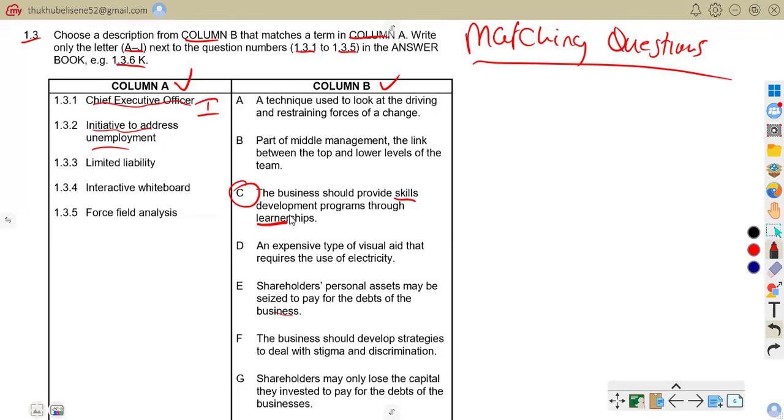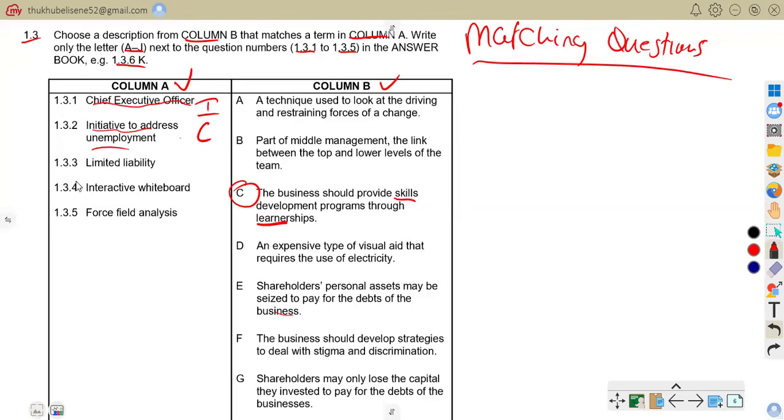That is how we are going to address unemployment initiatives. C is the correct answer because addressing unemployment initiatives is where we use skills training programs, job creation schemes, entrepreneurship support, education and vocational training. As easy as that.